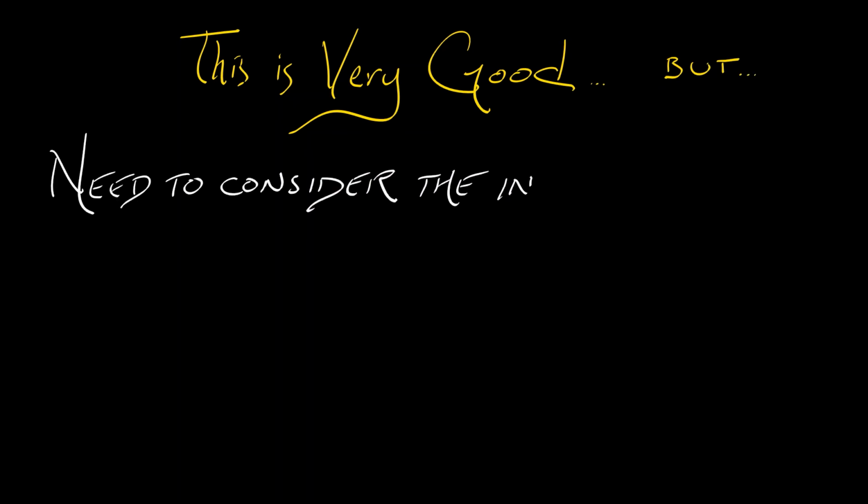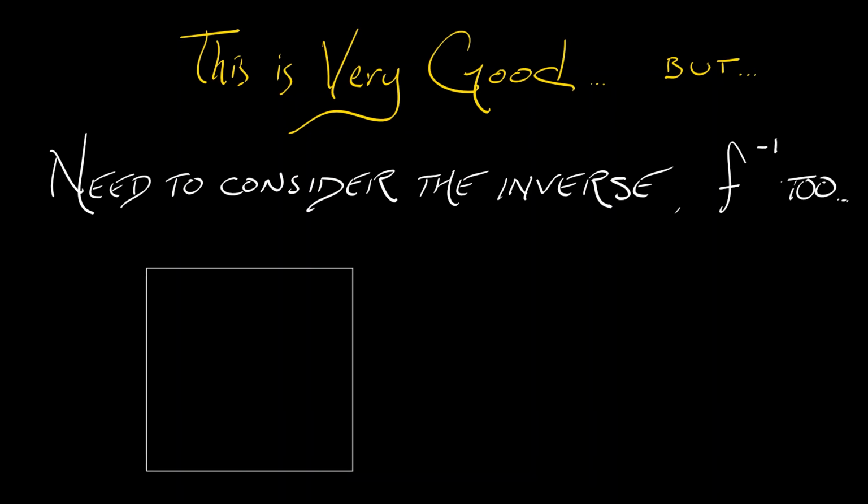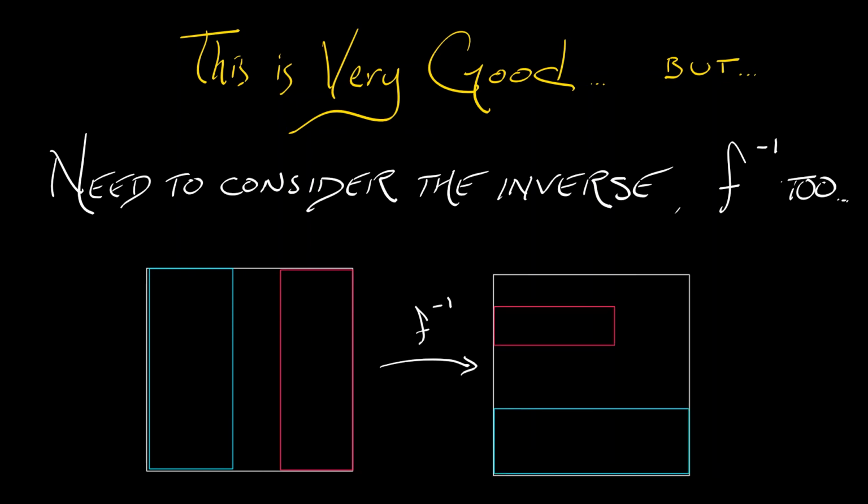Now, this is all very good, but we need to consider the inverse of the map as well. Now, what happens in that case? In that case, if we take that unit square, we can think about the pair of vertical strips that arise in the image of the horseshoe. And if we apply the inverse, it undoes what the horseshoe does. It takes those two vertical strips back to the original horizontal strips H0 and H1. Now this inverse stretches in the horizontal direction and squeezes in the vertical direction.